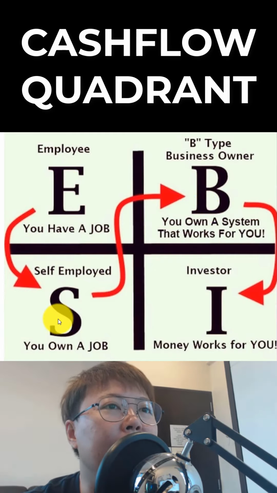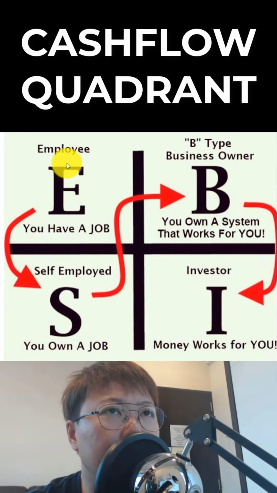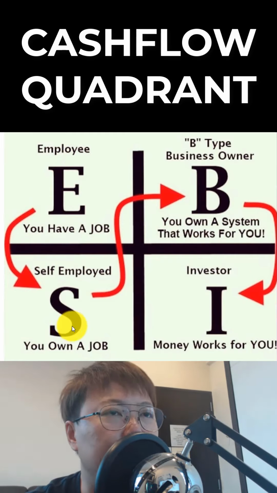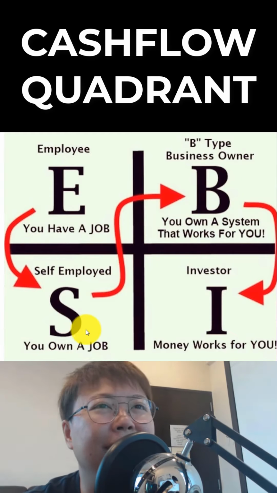There is a lot of difference between self-employed and business owner, and between employee and self-employed there is a huge difference. As an employee, you work for people and get paid by your boss. Whereas self-employed, you work for yourself and get paid by yourself.